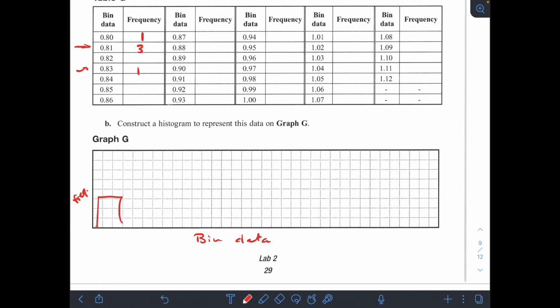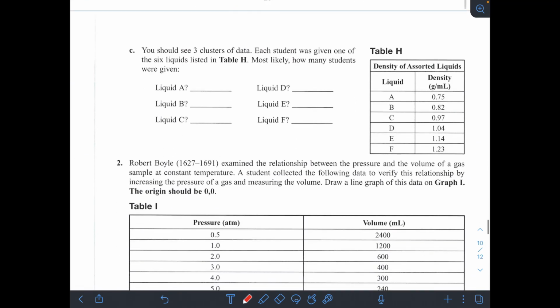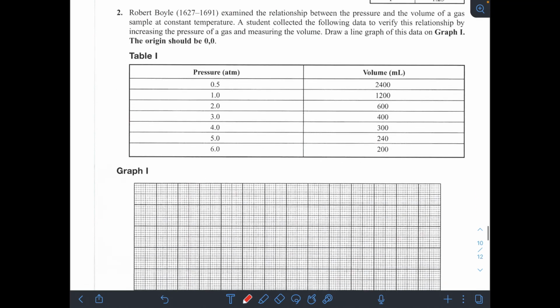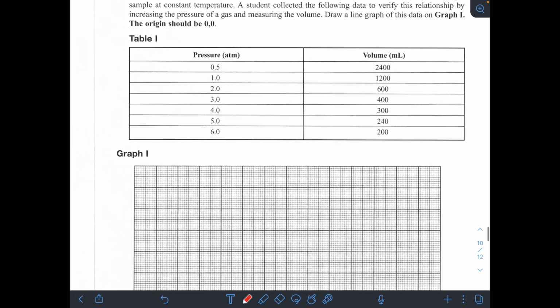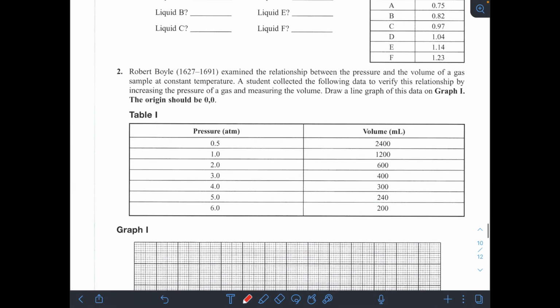Right, so you're going to have a bunch of blocks for however many people, and those should be nice square blocks, for how many people got each of these various values. All right, and then you're going to answer some lovely questions. You're going to create some more graphs. Okay, remember to be careful about what is actually being measured.